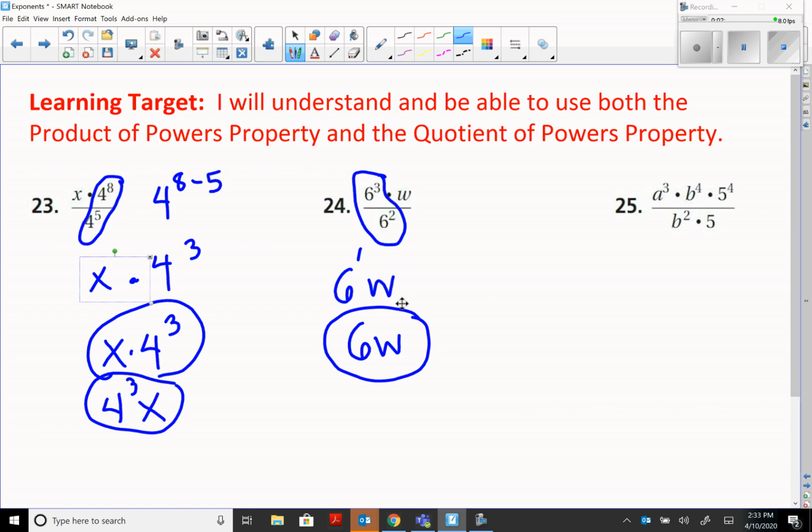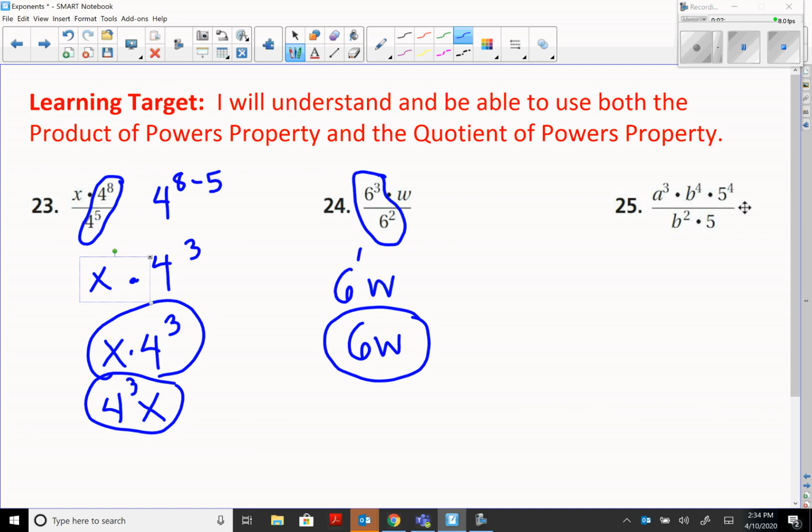All right, last one. a to the 3rd power times b to the 4th times 5 to the 4th over b to the 2nd times 5. Looking at the numerator, there's nothing that I can add because none of those have the same base. Same with the denominator.